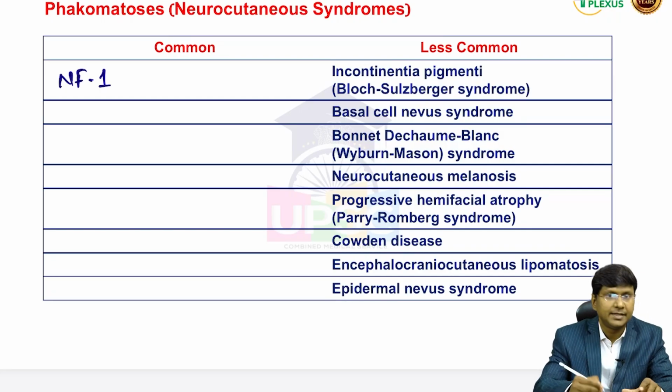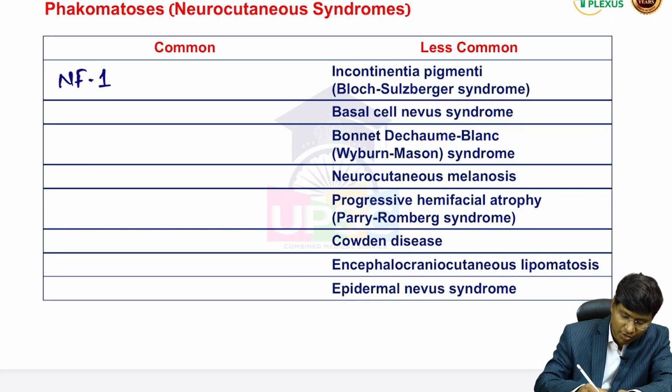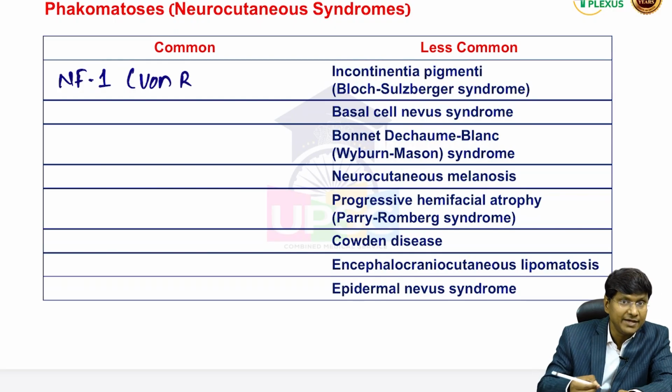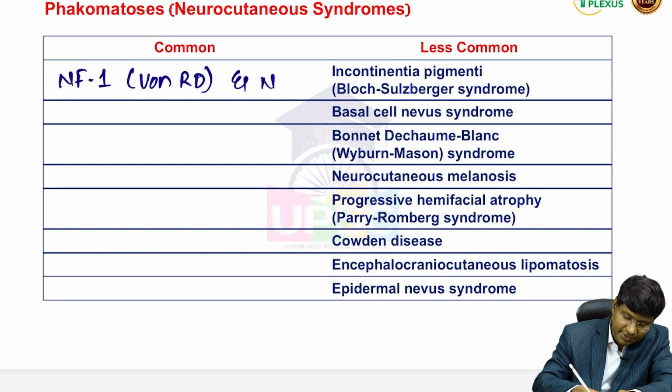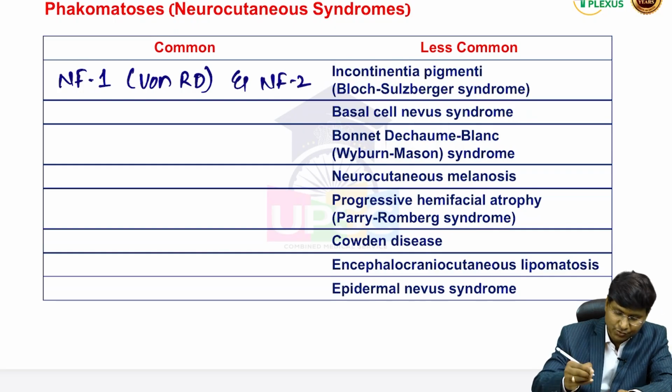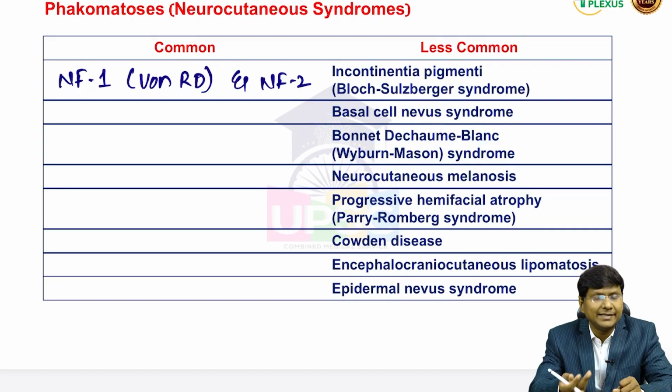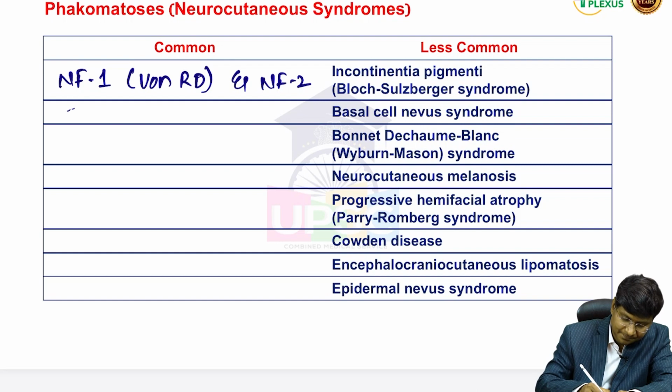The common causes include neurofibromatosis type 1, which is also called von Recklinghausen's disease, and the second one is neurofibromatosis type 2. The other common causes apart from neurofibromatosis include tuberous sclerosis, the complex form.